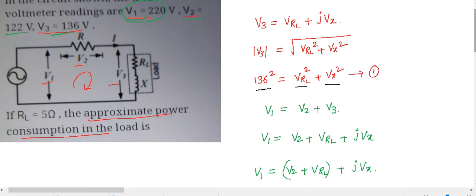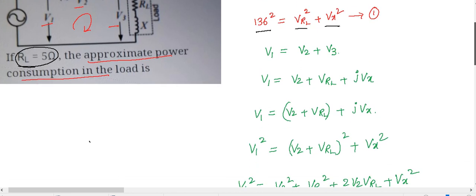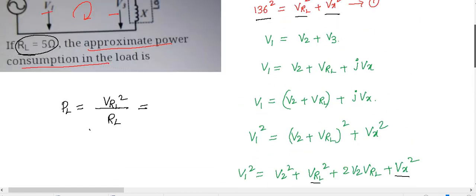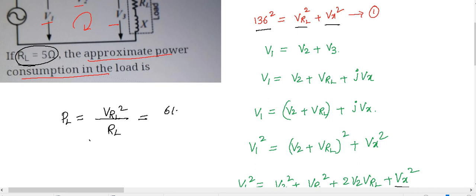They are asking to find the power across the load only. So the power across my load, PL, is VRL square divided by the load resistor RL. That is 61.55 whole square divided by 5.